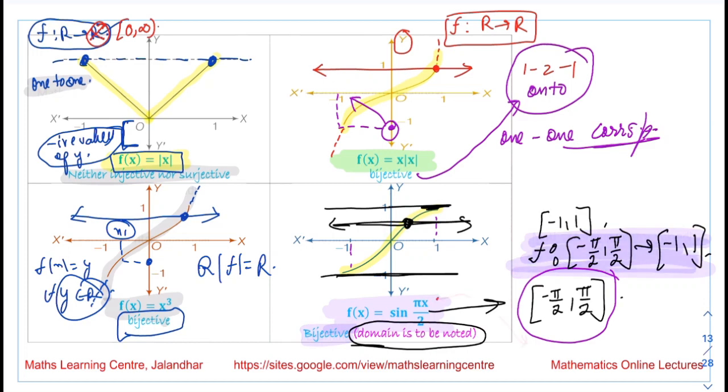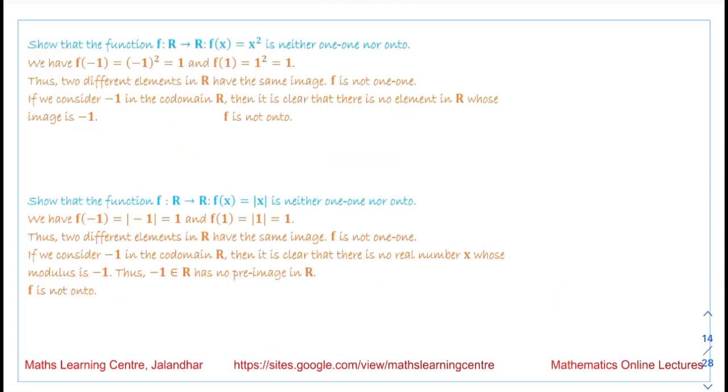But if this function is defined from R to R, then this function is not a bijective function.